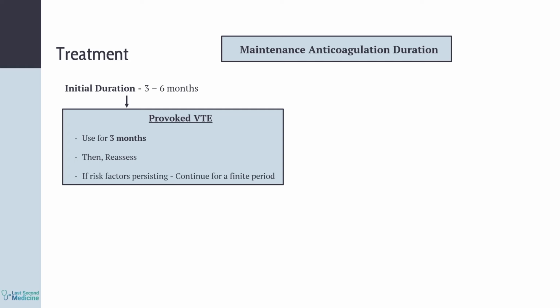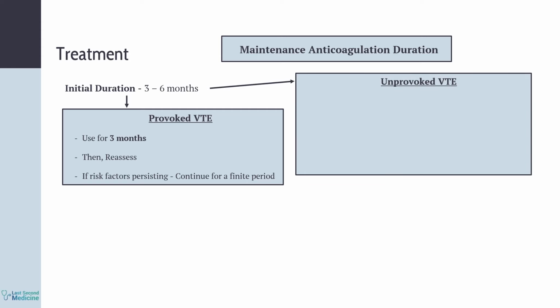Further continuation beyond 3 months depends on whether the risk factor persists. For patients with a provoked VTE, who have persistent but reversible risk factors, for example continued estrogen use or prolonged immobility following trauma, instead of stopping anticoagulation at 3 months, it is suggested to extend anticoagulation for a finite period.